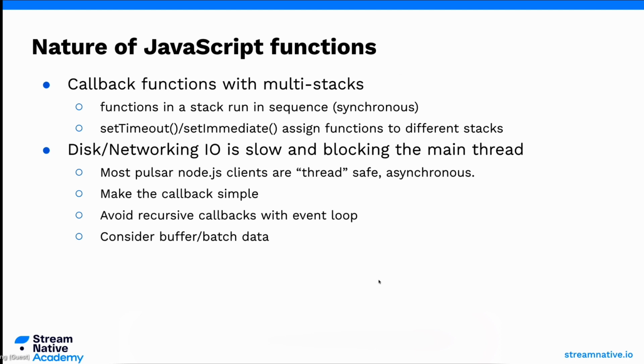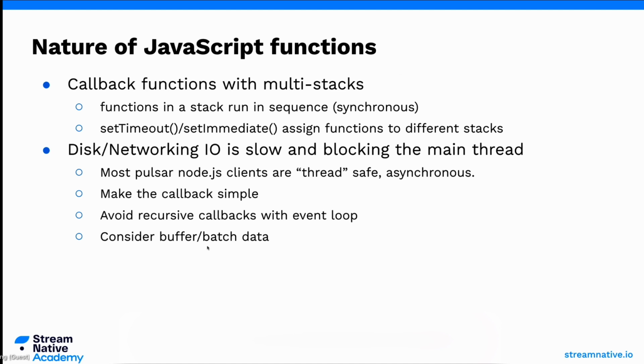So it's very important to understand how to write JavaScript, right? So the good thing is the Pulsar Node.js clients are very safe. They are async by nature, so you really don't need to worry about this, right? Just need to apply a lot of templates, then it should work fine, right?